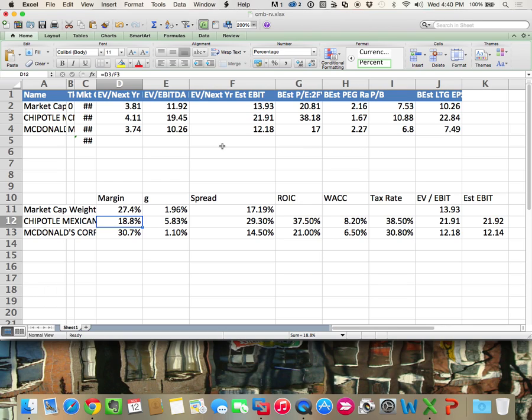Explain to me the price to book multiple. Chipotle is trading at 10, like their market price is 10 times their on book assets, and McDonald's is 6.8 times.